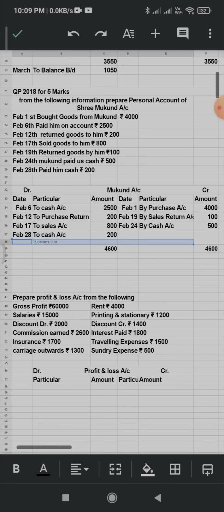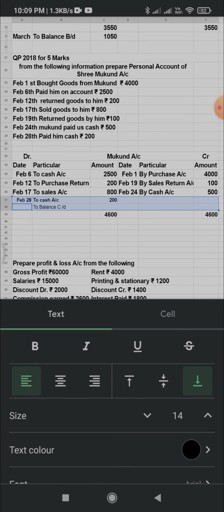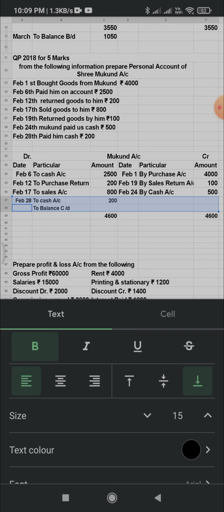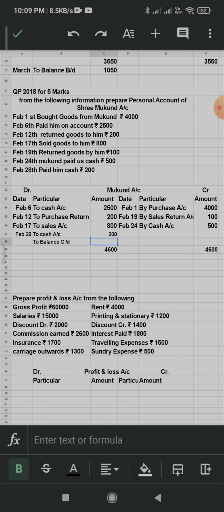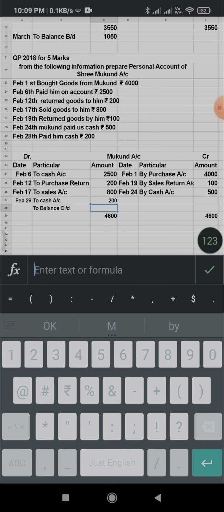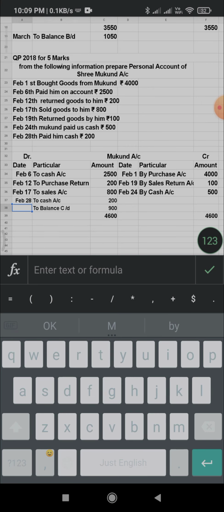So 4600 minus 2500 is 2100, minus 200 is 1900, minus 800 is 1100, minus 200 is remaining 900. Which date should we take here? We should take the date 28th. On 28th the balance is 900.